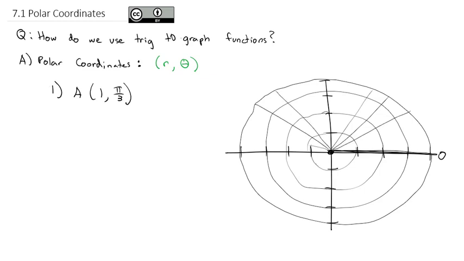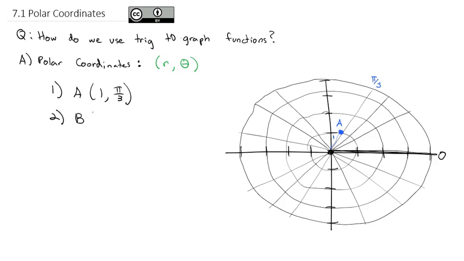And we've got all of our angles on here that we're used to seeing on the unit circle. And so for this angle here of pi over 3, we're going to draw a line of radius 1, and that gets us to our point. Point A has a radius of 1 and an angle of pi over 3 that it opens up to.